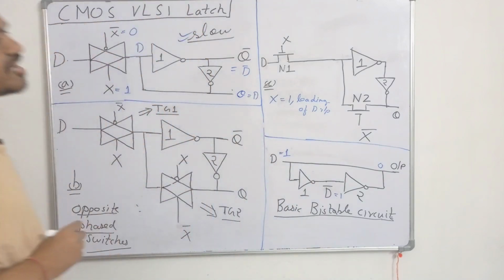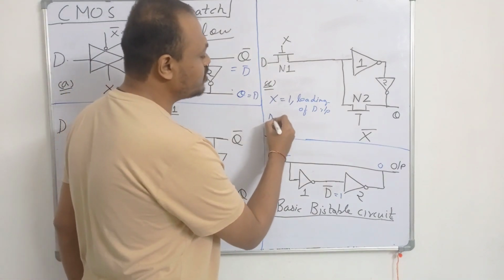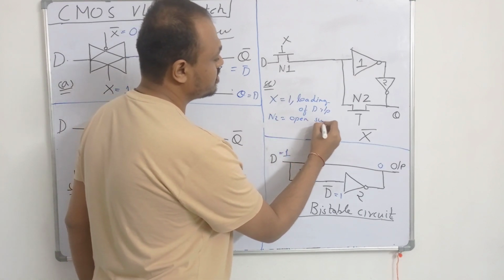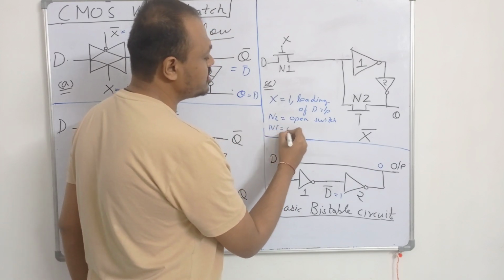When x is equal to 1, then this N2 will be off. N2 will be an open switch, and N1 will be a closed switch.